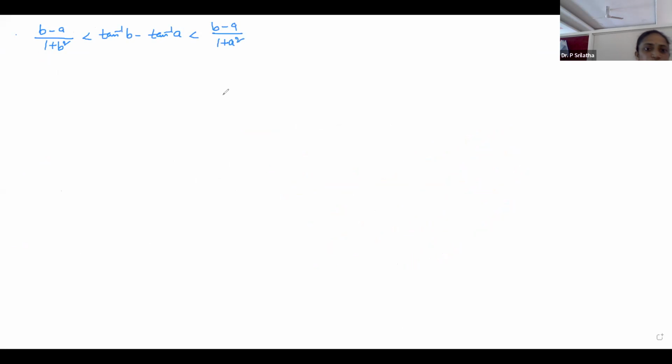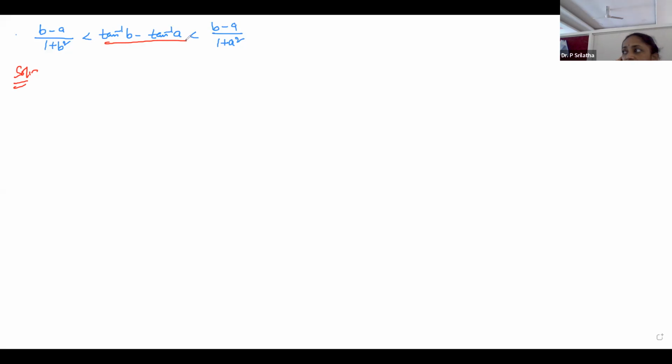So we have to prove this equation by using Lagrange's mean value theorem. Can anyone tell me what is our function here? Based on the question, we have to identify the function. So what is our function?